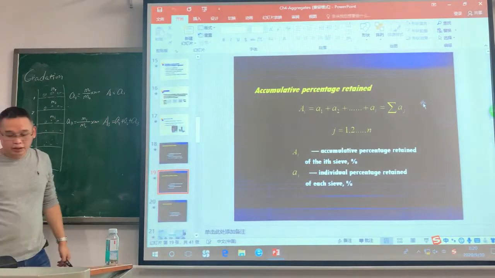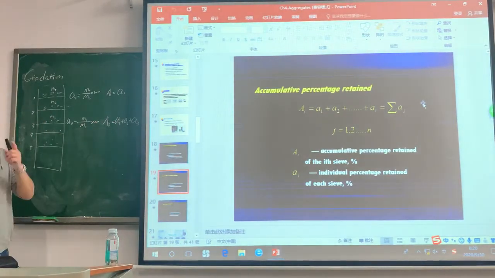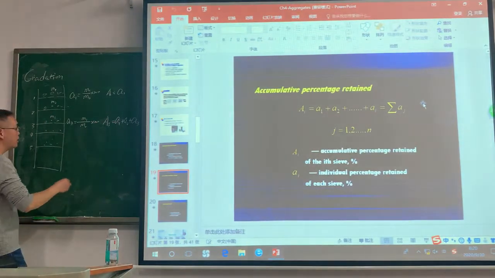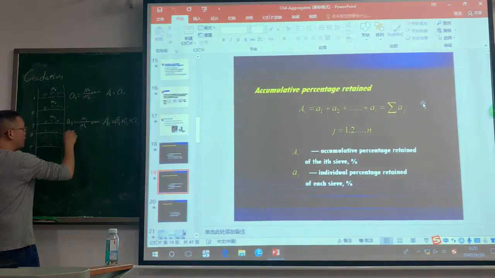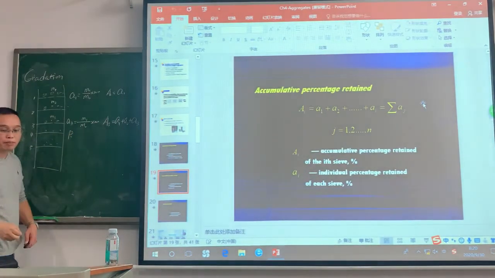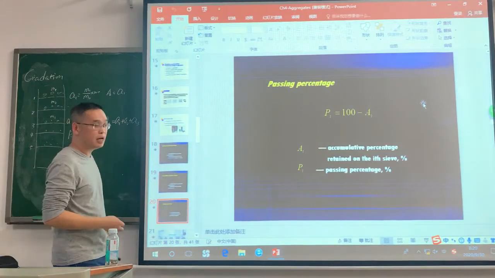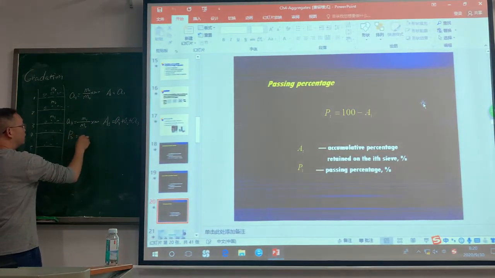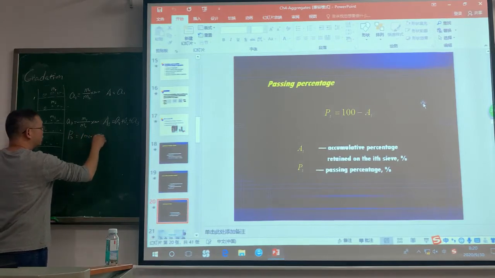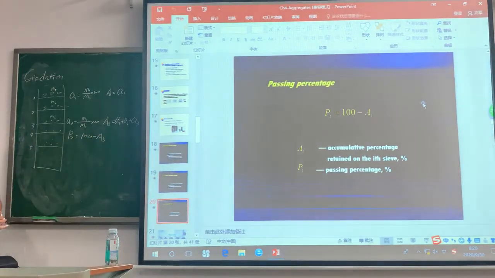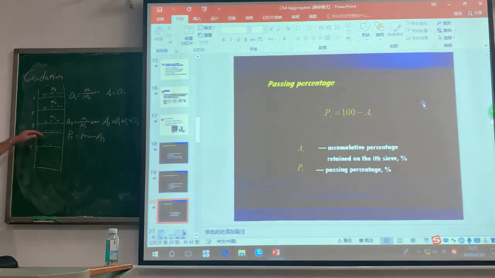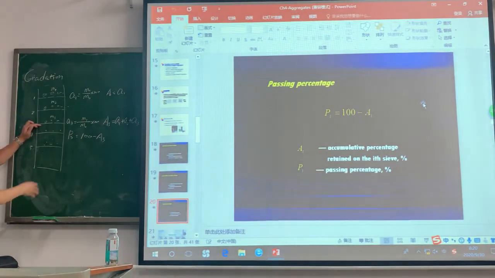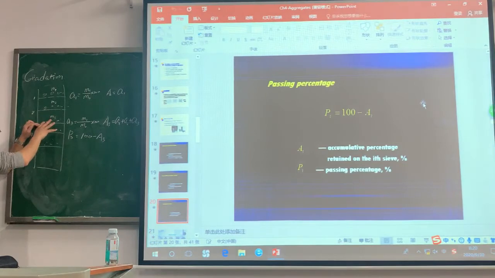And then the third index for the gradation is the passing percentage. The passing percentage means the particles that passed the third sieve.